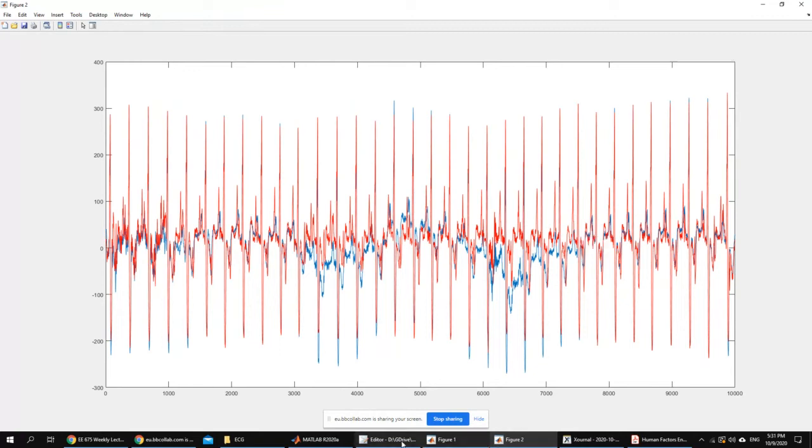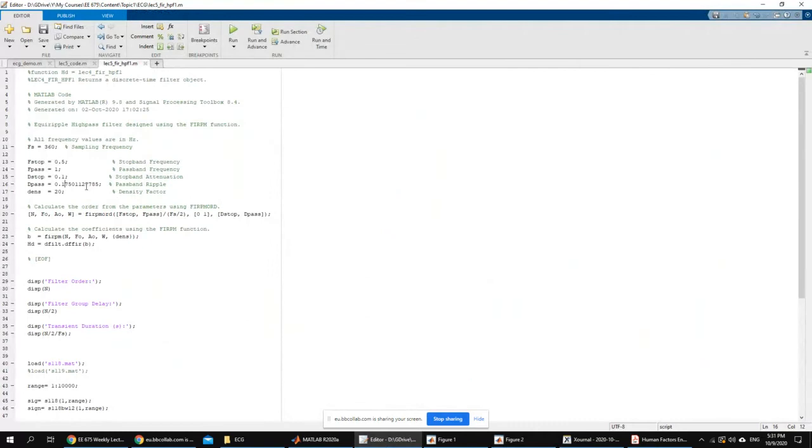Okay, so basically, if you find that you have variations here between the original and the zero phase filtered, you might want to come here and play around with the D pass here, the passband ripple. Because if you have a passband ripple that is a little bit large, you might end up having some differences here that were not there.